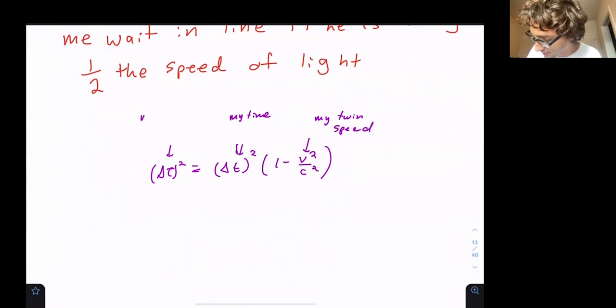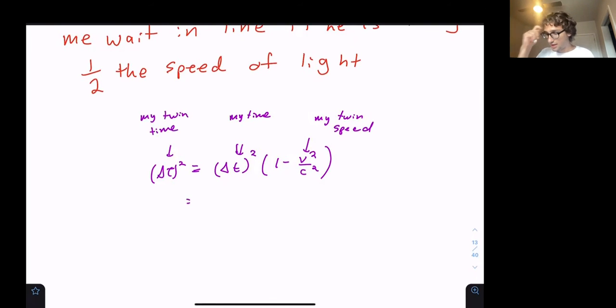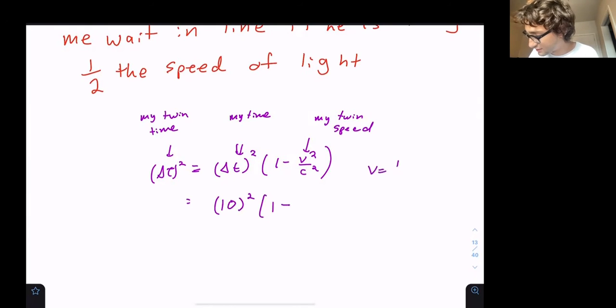And this will be my twin's time. Okay, let's go through this together. My time is 10 hours, so 10 hours squared, minus my speed, which is 1/2 c, so I have (1/2 c) squared.